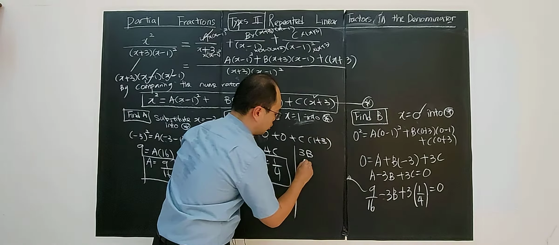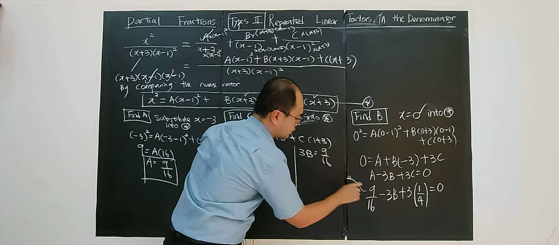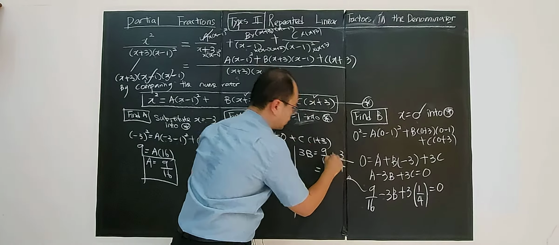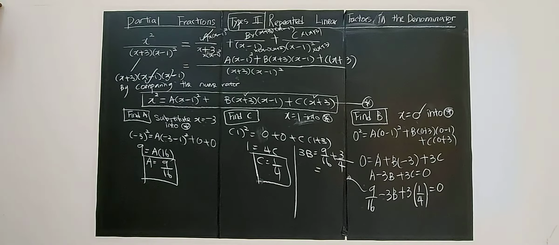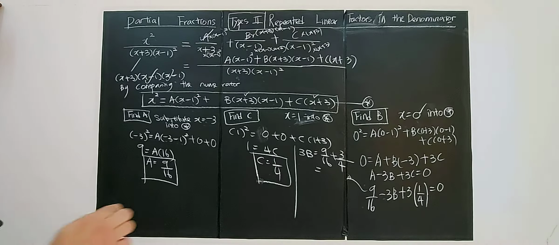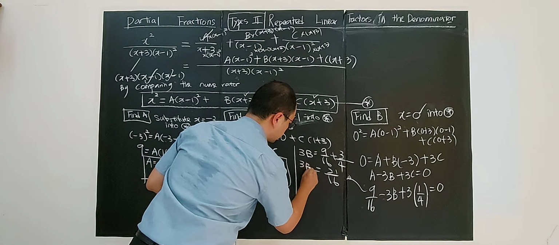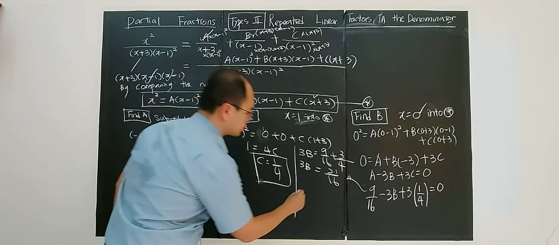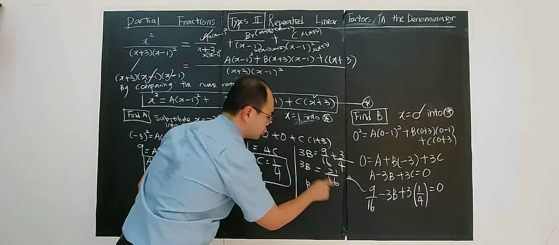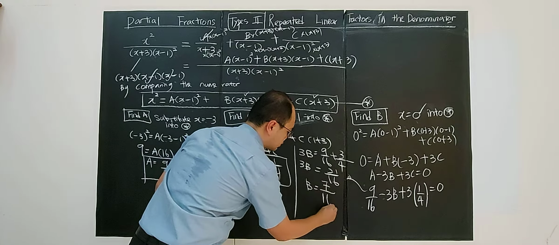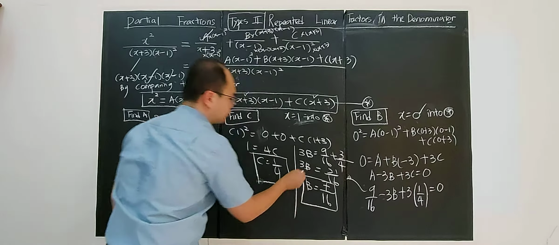So you have 9 over 16 plus 3 over 4. Alright, you have to calculate this. You have 21 over 16. So your b will be, you divide 3 on both sides. 21 over 3, you have 7 over 16. Ta-da! Now you find your b.